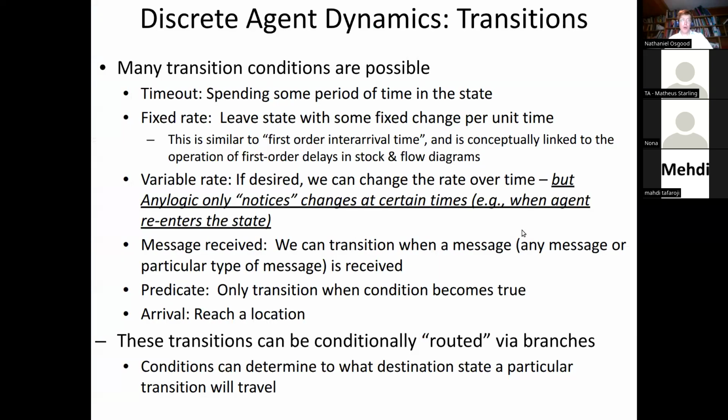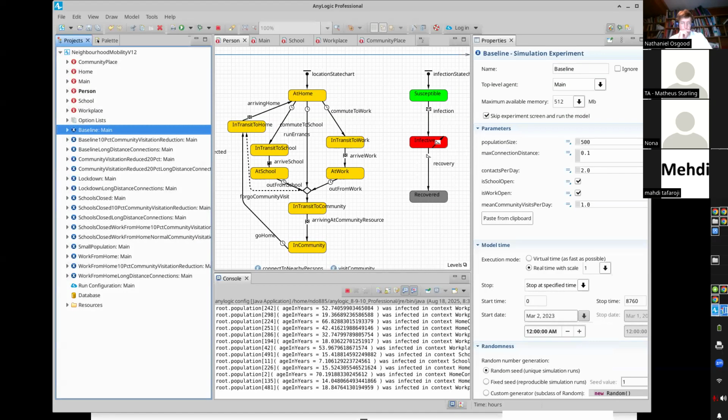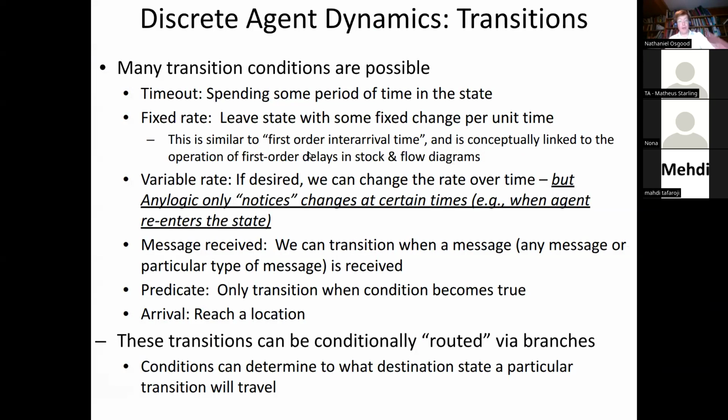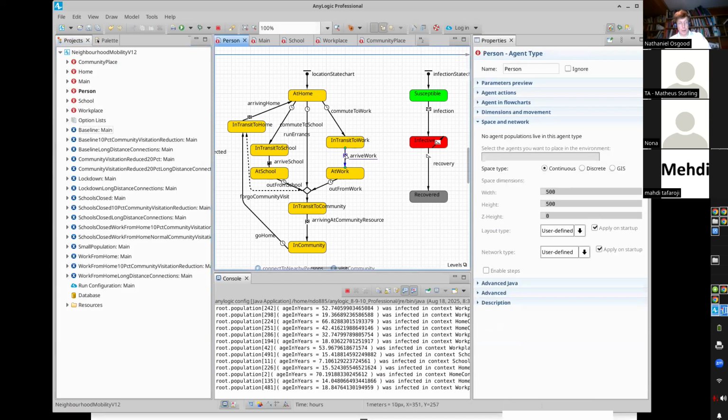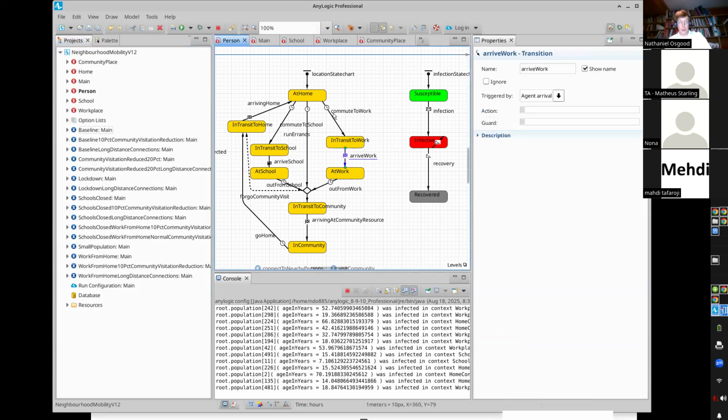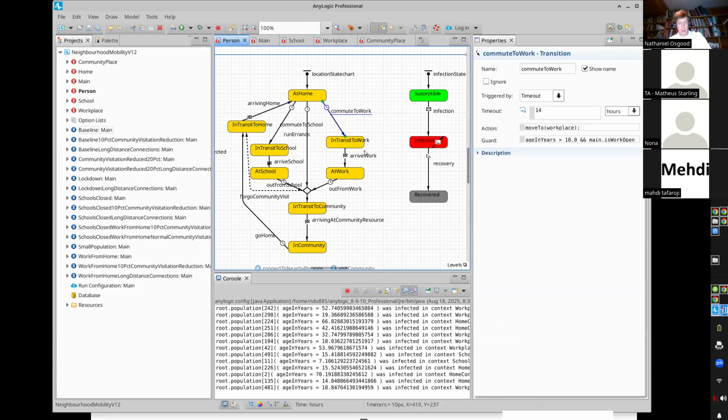Okay, so I noted the different types of transitions, and I'm just going to leave you, as far as elaborating that here, so you can reference this slide. For reasons of time, I want to get us building a model and interacting with models. So I'm not going to go into this more here, but I emphasized before the different semantics, the different meaning associated with these transitions, the different type of rule if you have one of these types, like a timeout transition.